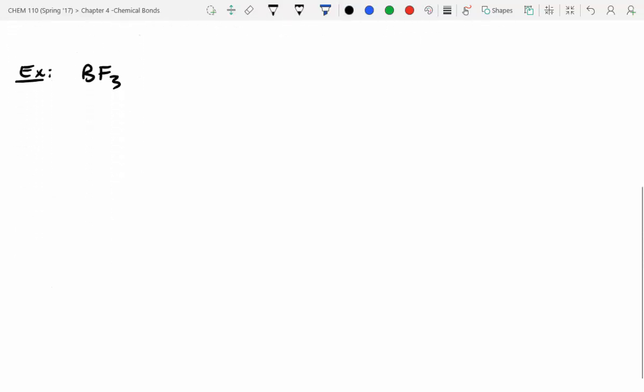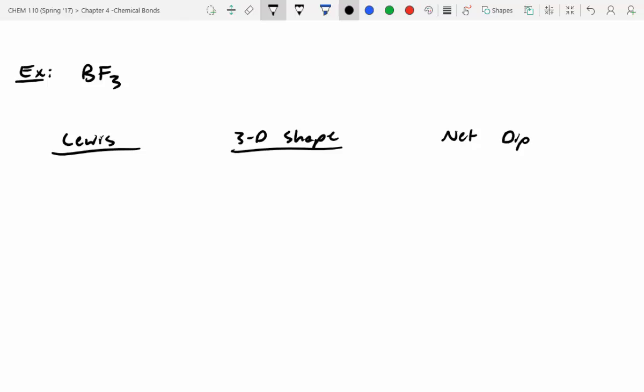So let's try to draw the Lewis structure. And then we'll determine whether or not it has a net dipole.